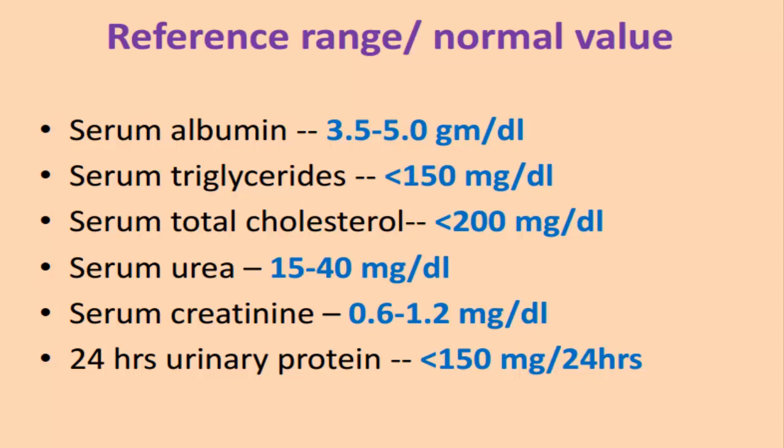Total cholesterol is less than 200 milligram per dl. Serum urea is 15 to 40 milligram per dl, creatinine 0.6 to 1.2 milligram per dl, and 24 hours urinary protein is less than 150 milligram per 24 hours.